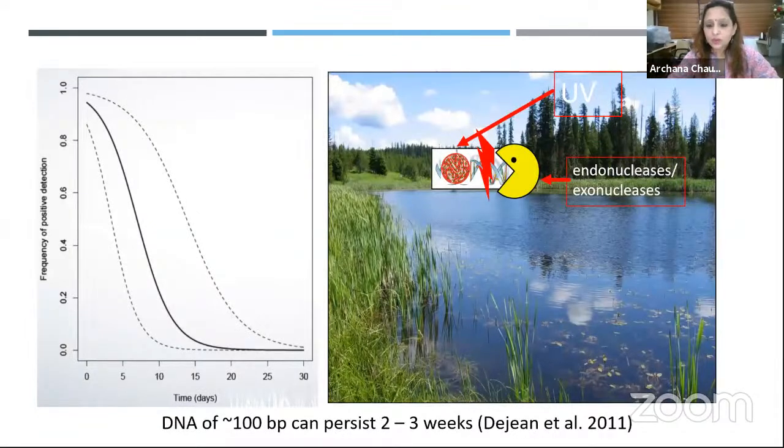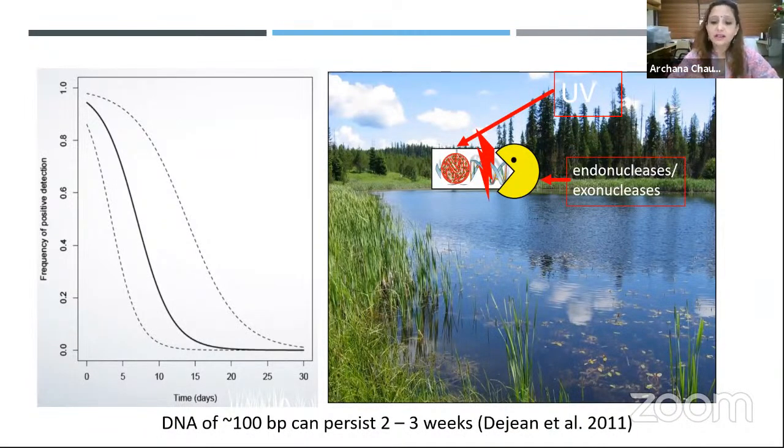So, though most of the aspects were covered by Professor Dirk, I would also want to focus on, and he has also emphasized this, that most of the DNA which is present in the environment, specifically if we talk about the aquatic ecosystem, the life of that environmental DNA is not long.